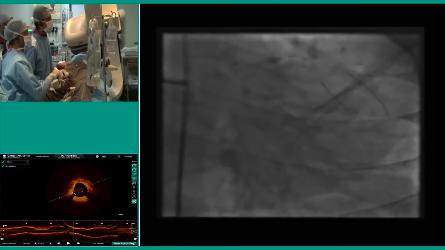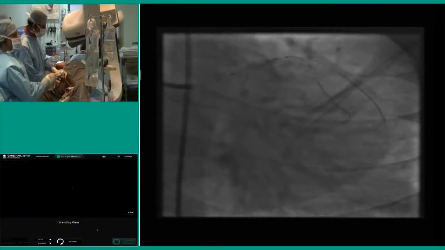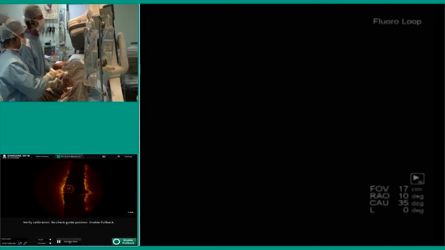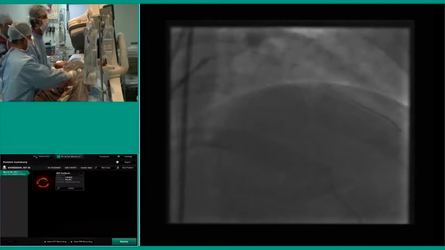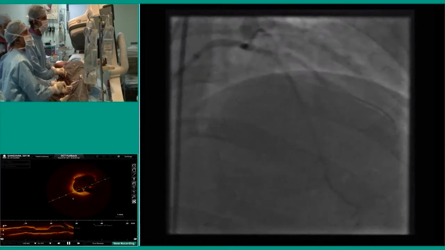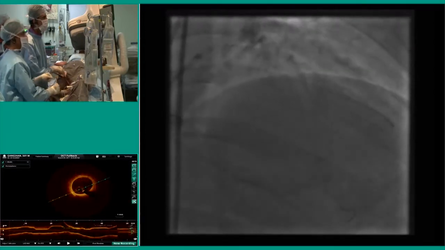Yes, because it's close to the ostium, 12. 12. Cranial. 12. Deflate. Ready for picture? Wait 1 second. Okay, looks good. Picture.